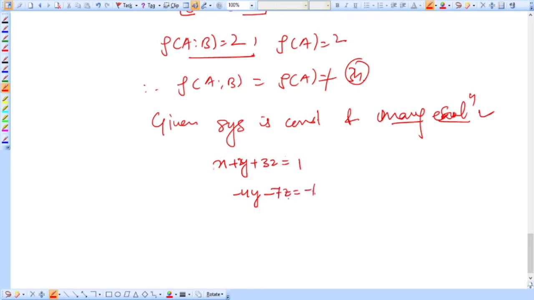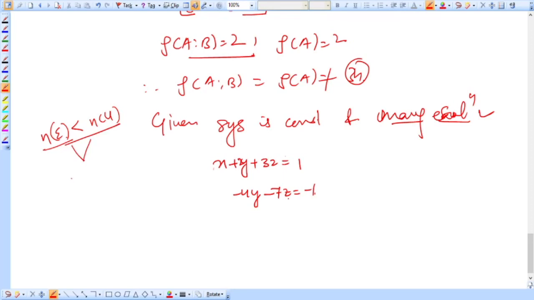One thing I want to tell you here: when the number of equations is less than the number of unknowns, in that case many solutions exist. You just remember this thing.